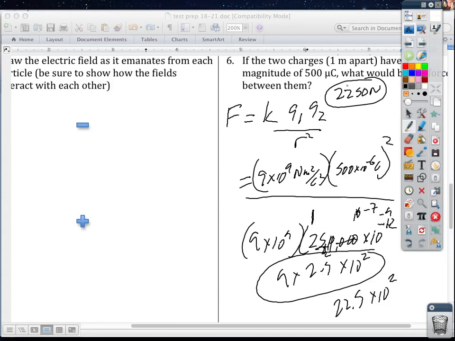Question? If it's microcoulombs, do you have to convert it? Yes. You have to go to the minus 6. R is the distance. Radius, distance, same thing. The reason you call it a radius is because the field effect is spherical.